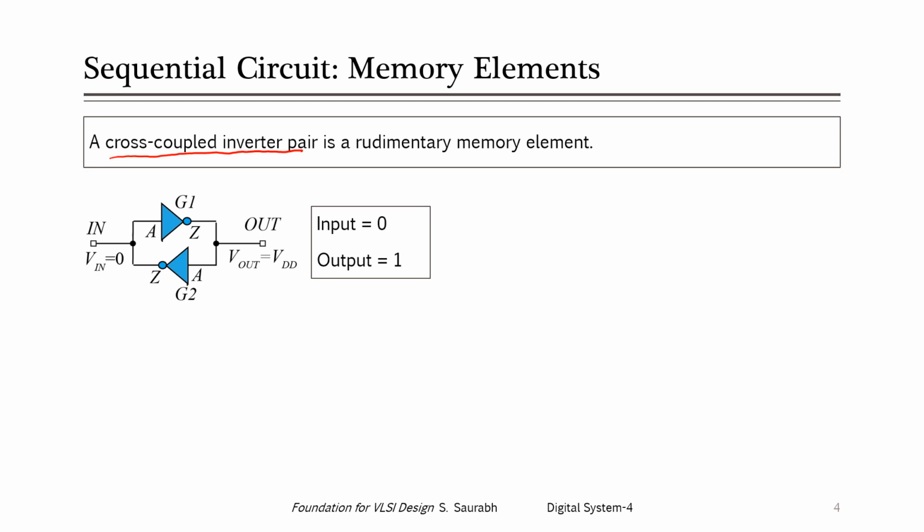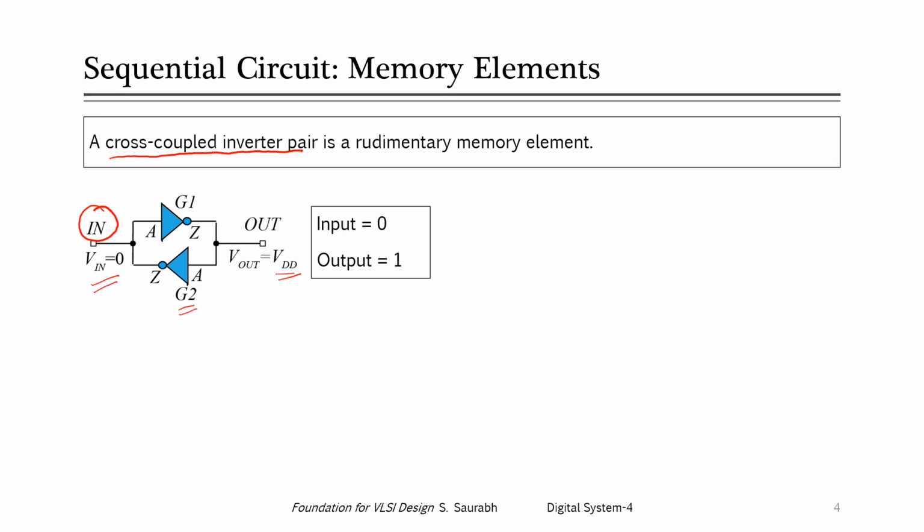Now, in this inverter pair, if we apply the input voltage of 0 volt or logic 0, then G1 will produce an output of logic 1 or output voltage of VDD. And the second inverter G2, on receiving the input voltage of VDD, will produce an output voltage of logic 0, right?